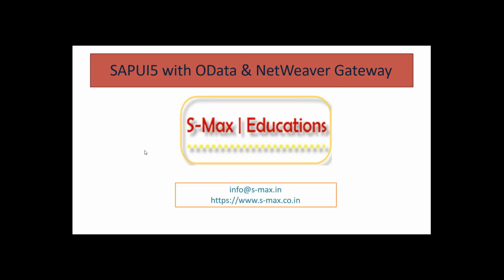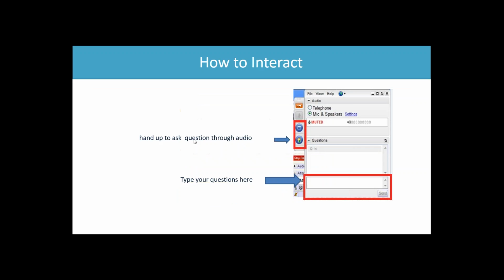So hope you will enjoy my sessions, and first and foremost, let me explain how you can interact with me. Hopefully everybody has this pane on the right side at the top of the screen, and I recommend you interact with me whenever you have any queries. There are two ways. One is to raise your hand.